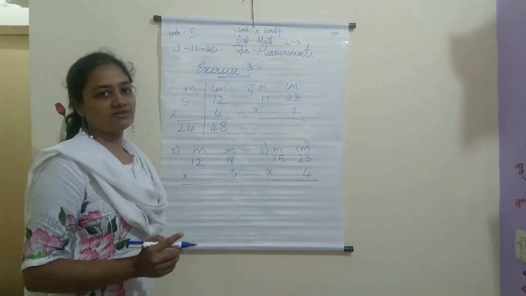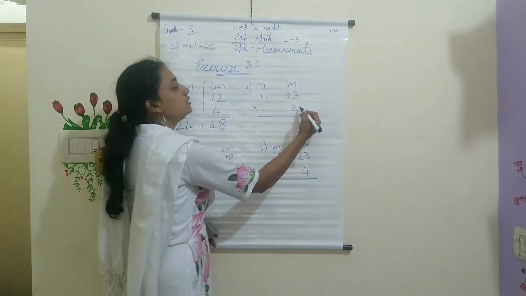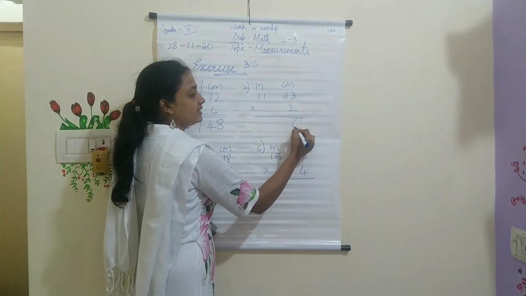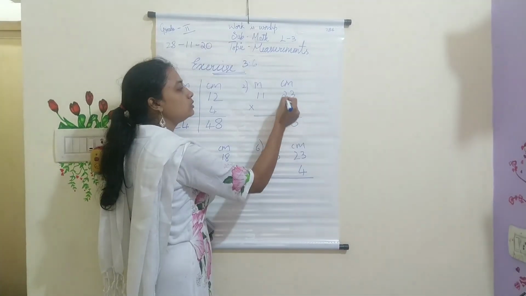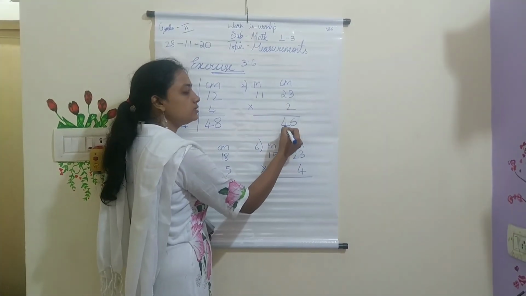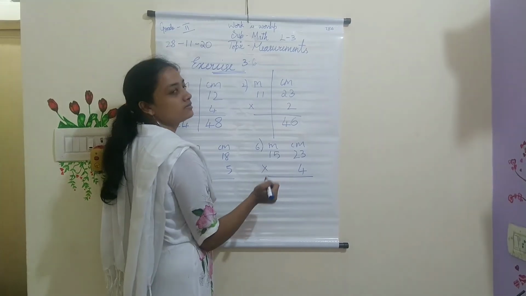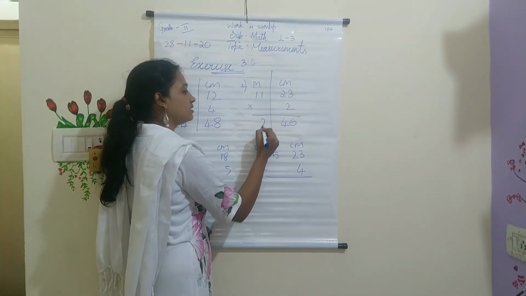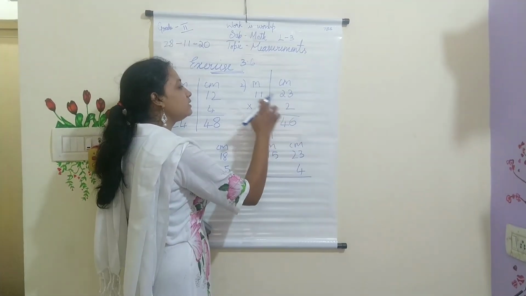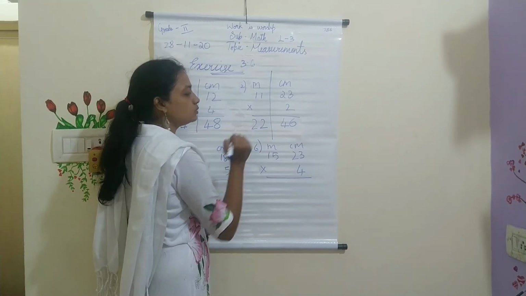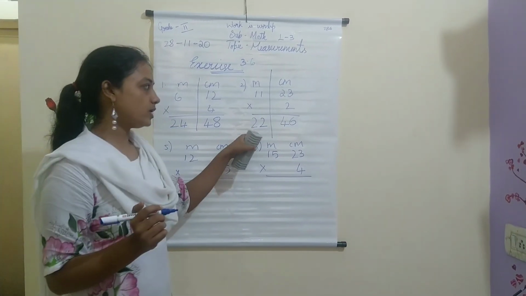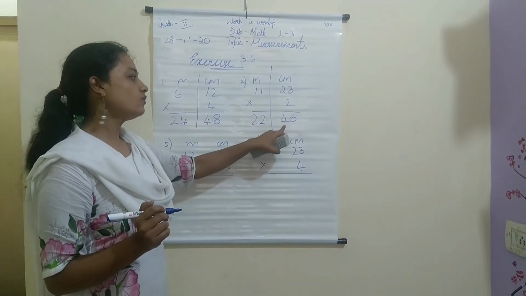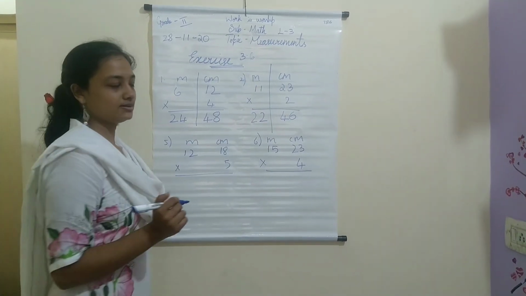Let's go for second one now. 2 3s are 6. 2 2s are 4. 2 1s are 2. Again 2 1s are 2. Answer is 22 meters, 46 centimeters.